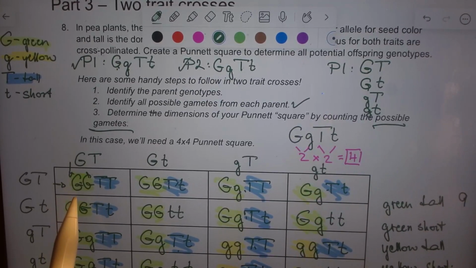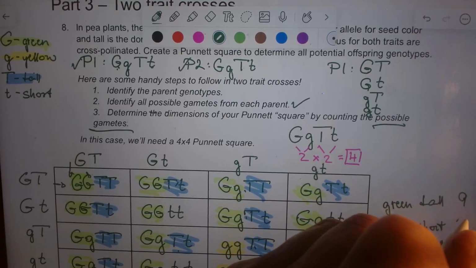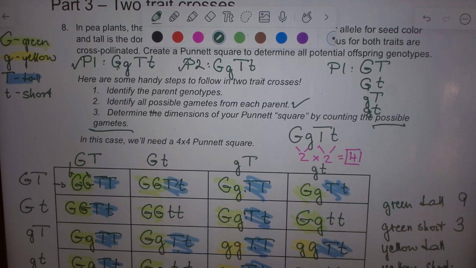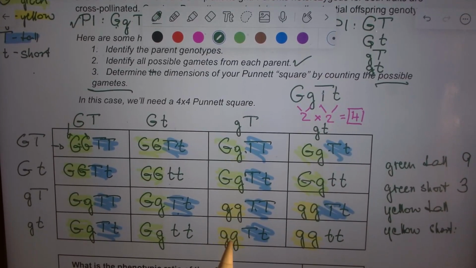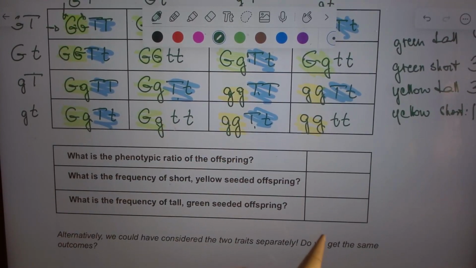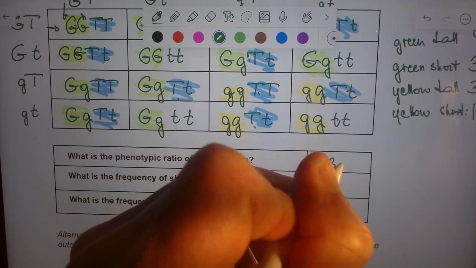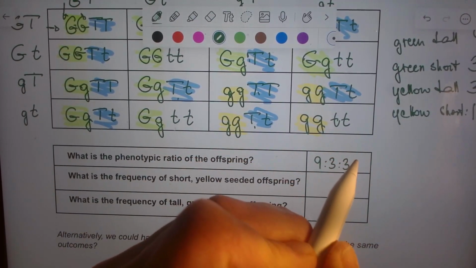Green short, so green color, but not the T: 1, 2, and 3. Yellow tall, so I'm looking for a yellow color: 1, 2, 3. And the yellow short is only one of them. So the phenotypic ratio is going to be 9, 3, 3, and 1.